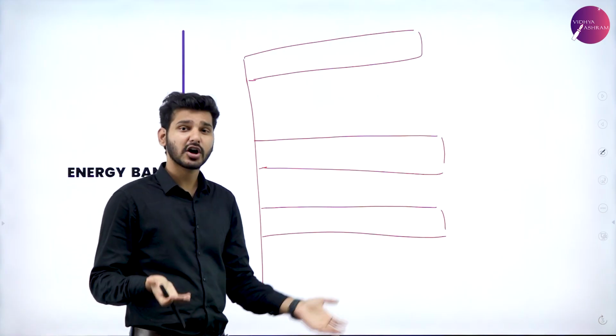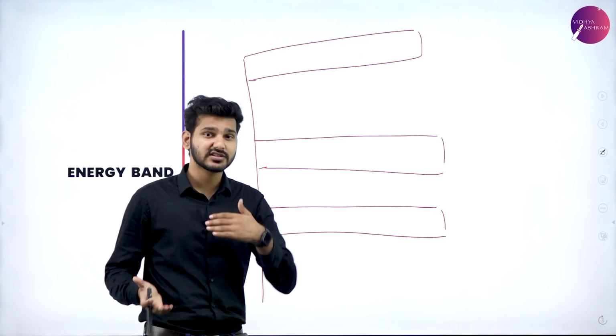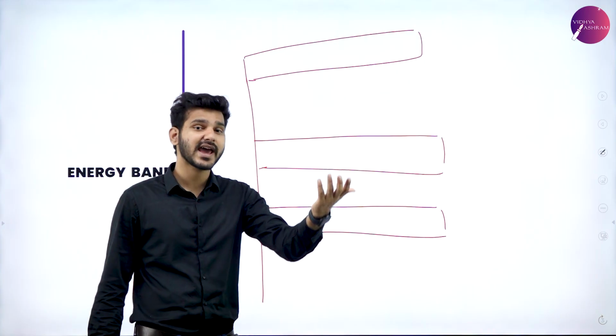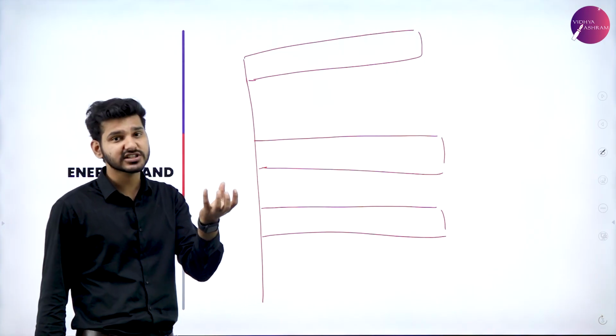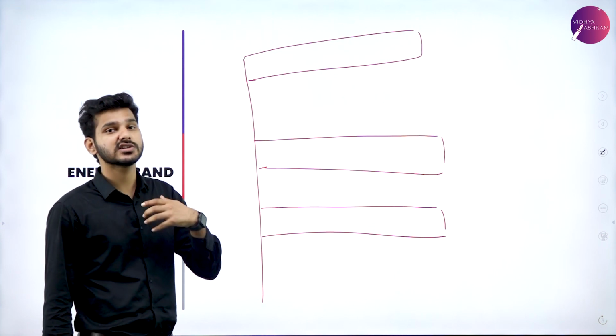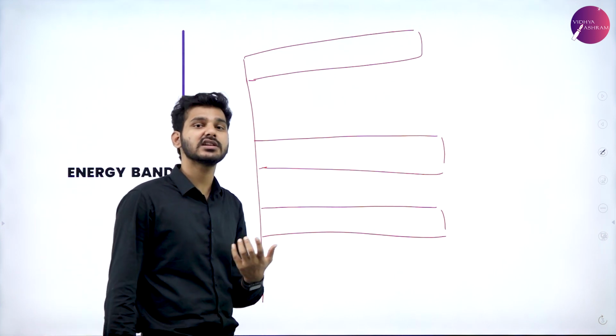So again, this is all imaginary, and you should know that there are no definite bands inside atoms. This is just there so that we can grasp the concept of energy transfer, or the excitation of certain electrons.